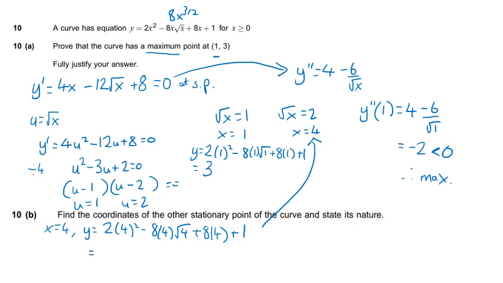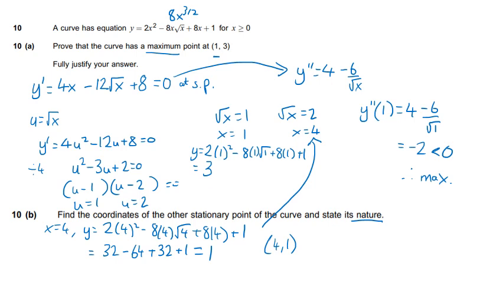So what does that equal? 32 minus 32 times 2, so that's minus 64, plus 32 plus 1. Well, 32 plus 32 minus 64 is 0, plus 1, so that's just 1. So the coordinates are 4 and 1.